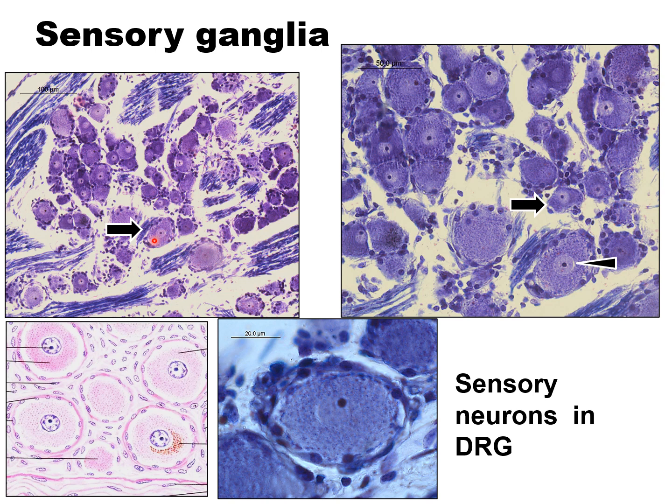See, these neurons have a central nucleus, and you can identify the nucleolus also in the higher power. Surrounding the neurons, there are small cells, just like the glial cells, in the dorsal root ganglia. These are called satellite cells.